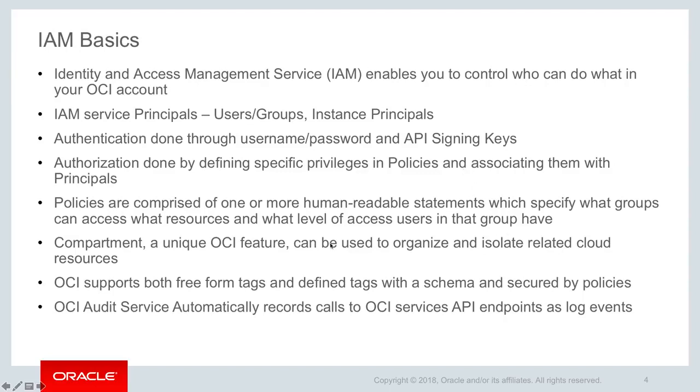Policies: you want to be able to write policies. There's a policy syntax you have to write in order to give specific access. And compartments: how compartments work in OCI and how you can isolate resources through compartments as well.